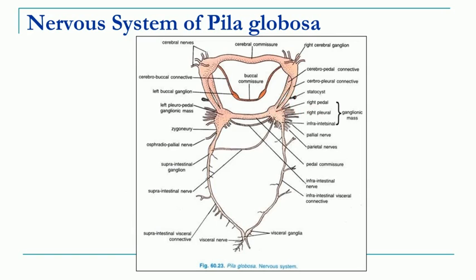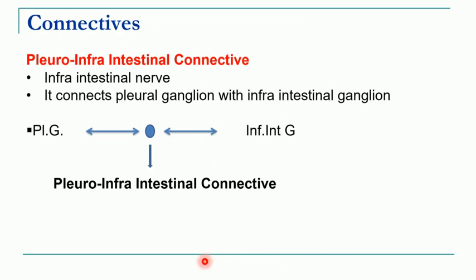Here you can see this supraintestinal ganglion is connected with this pleural ganglion with the nerve, that is the supraintestinal nerve. Similarly, we have the connection between the pleural ganglion and the infraintestinal ganglion.